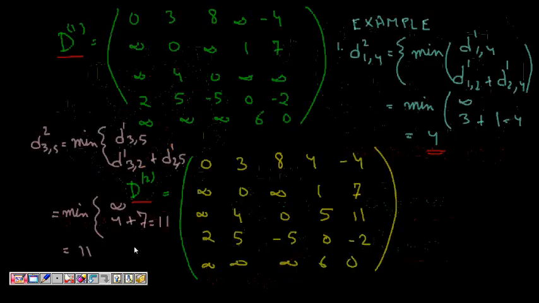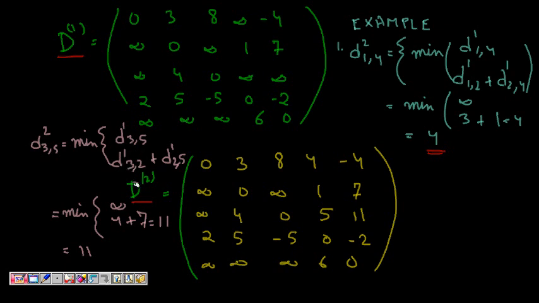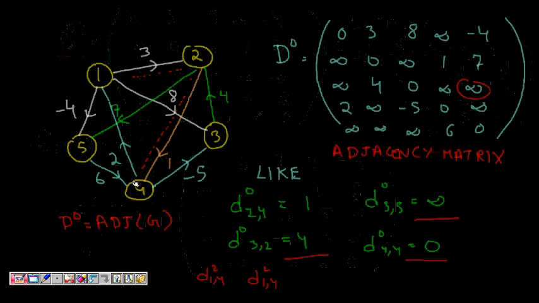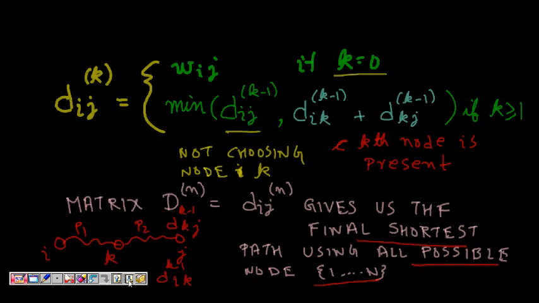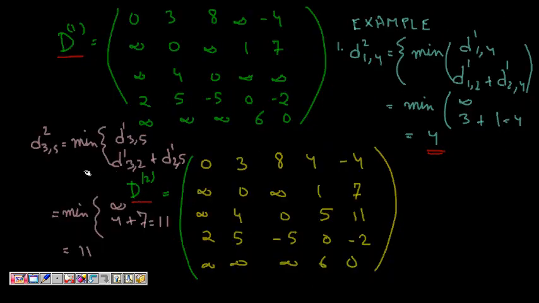Okay. So again try to see from this formula. It will be the minimum of D1,3,5. D1,3,5 means what? I have to go from 3 to 5, and I can just use node 1. So 3 to 5 using just node 1 is infinity, which is visible from the graph also.